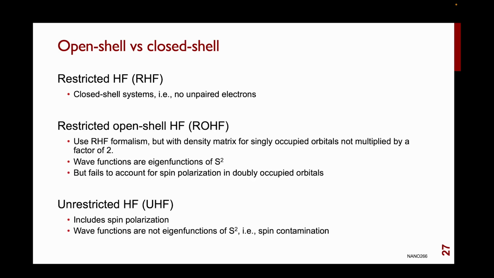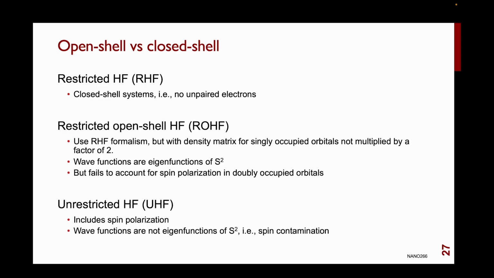Okay? All right. So the third thing that we need to take into account when we do quantum chemistry calculations is whether to do an open shell or a closed shell calculation. Okay? So for closed shell systems, in other words, systems where all your electrons are in pairs, up and down pairs, an example is your hydrogen molecule.